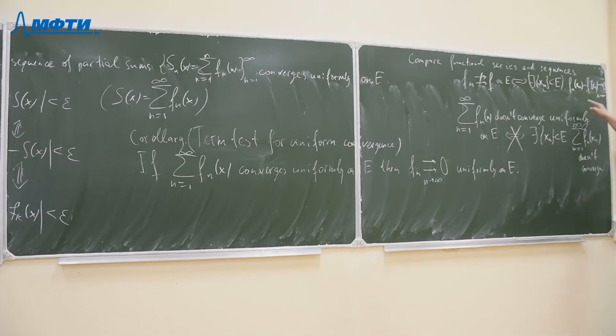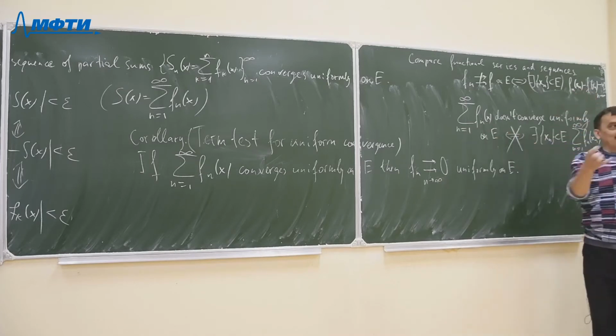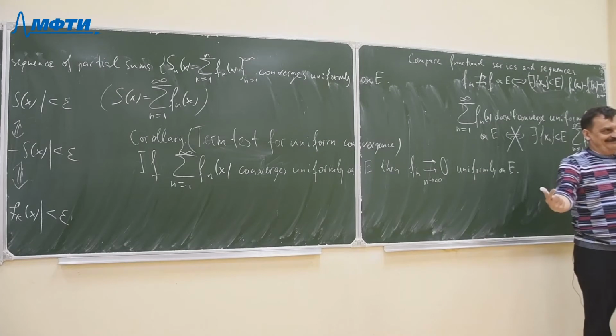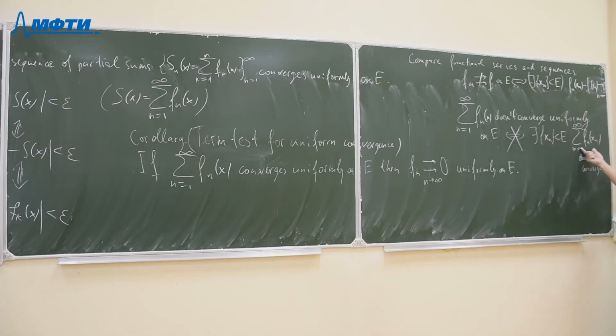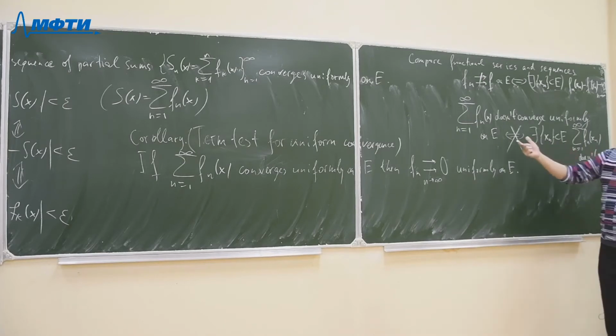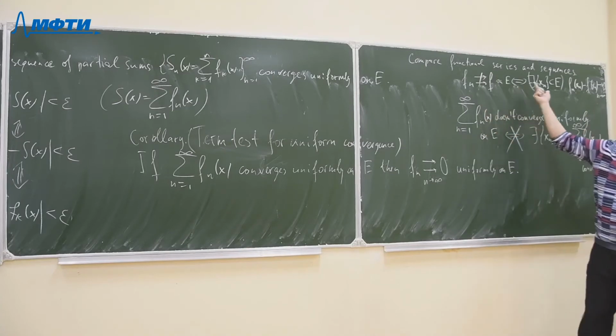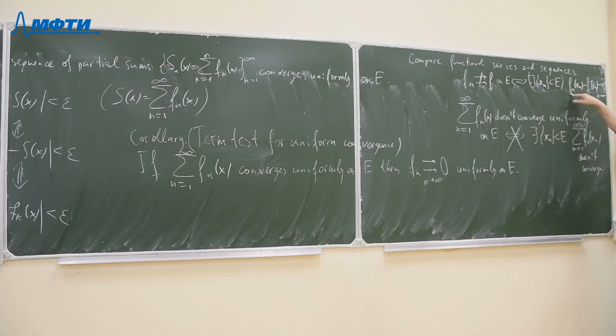And it means we have to take one value x_n for every f_1, f_2, and so on up to f_n. You understand? And here we have an absolutely different thing. These are absolutely different things. That is why it doesn't work.